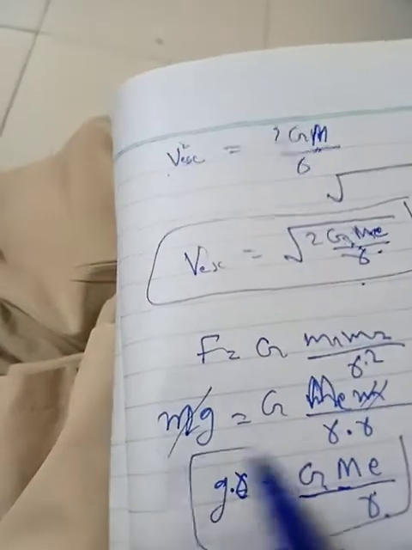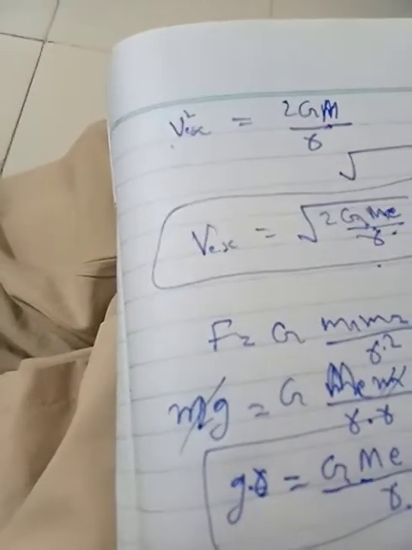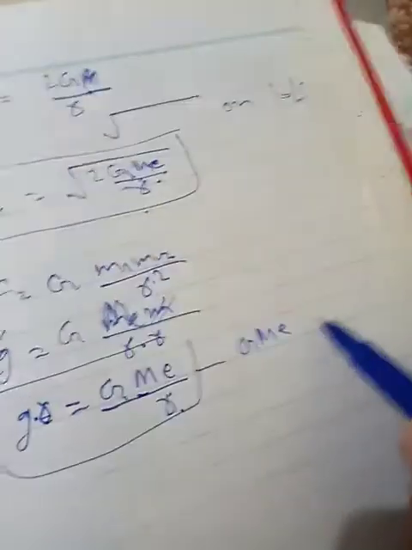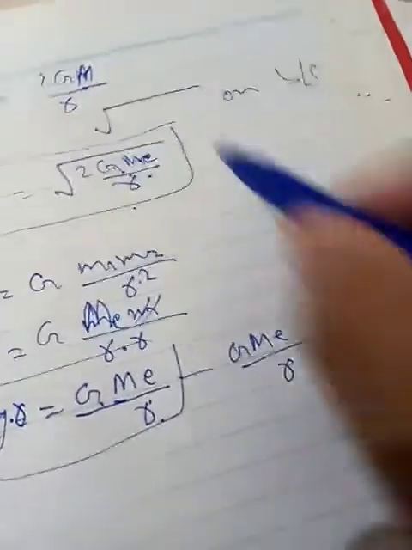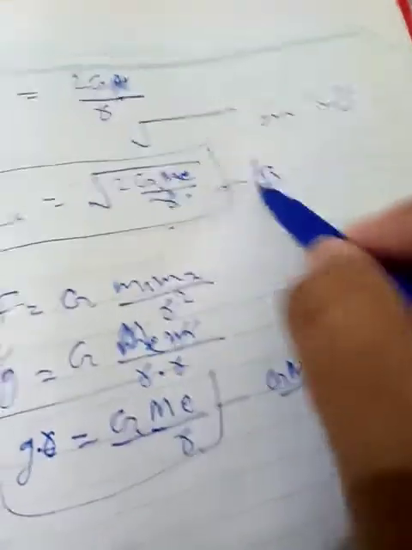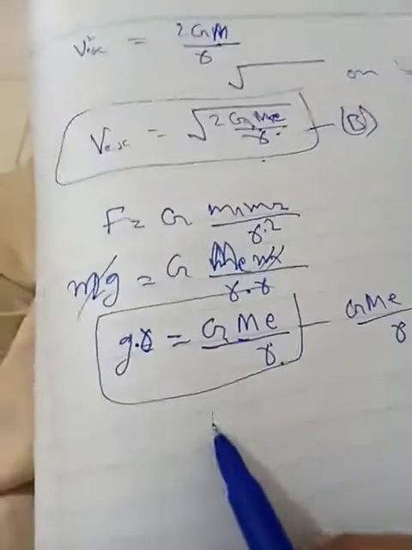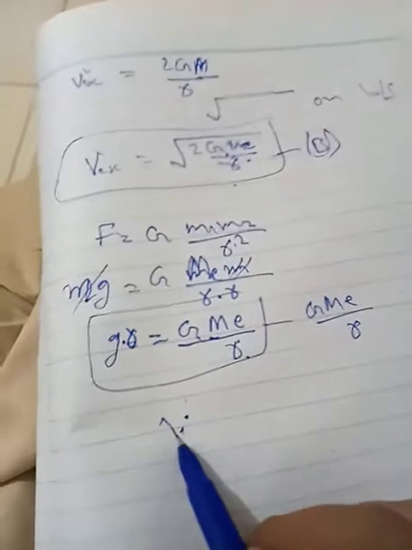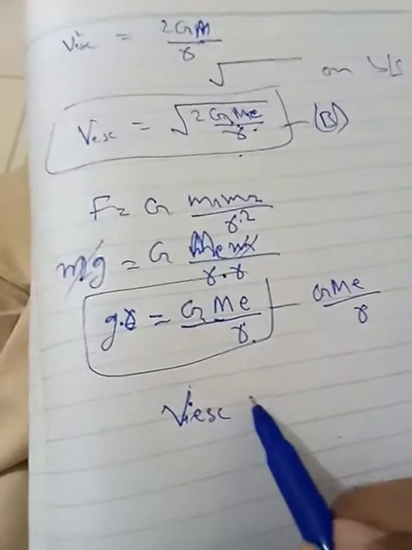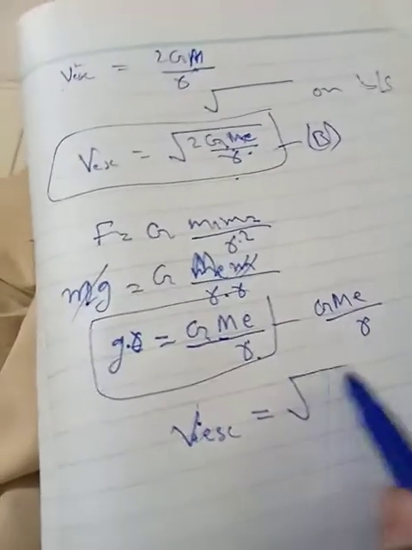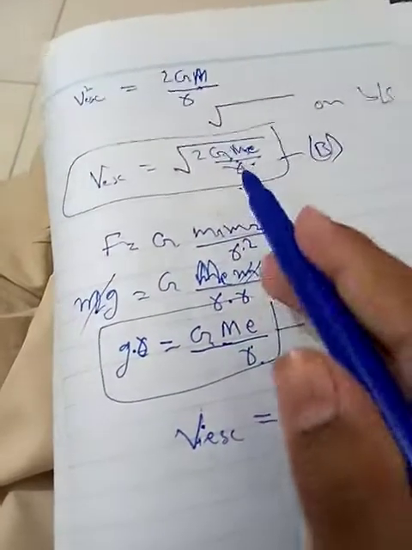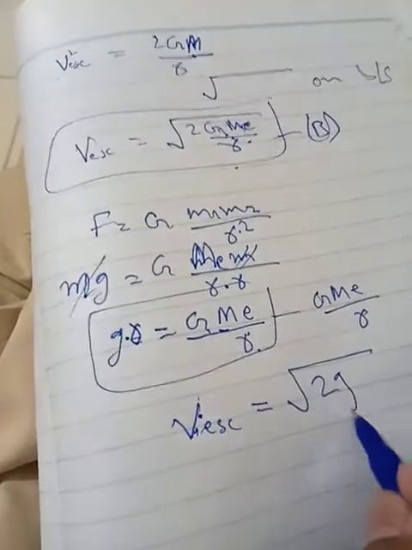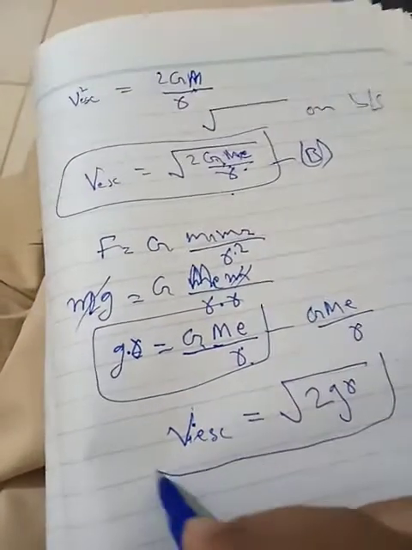We put the value of GM_E upon r in equation number B. So v esc equals the square root of 2, and instead of GM_E upon r we write gR. So this is the formula.